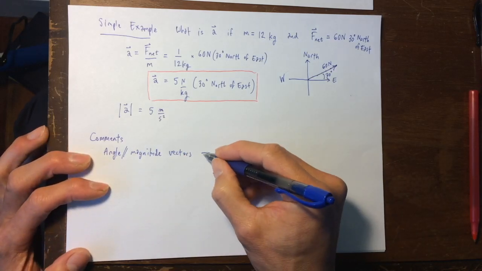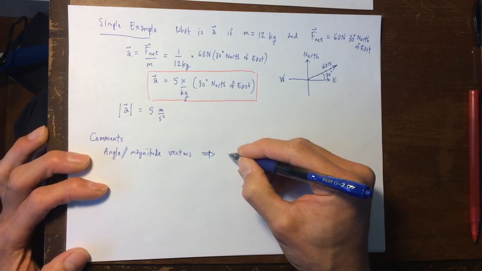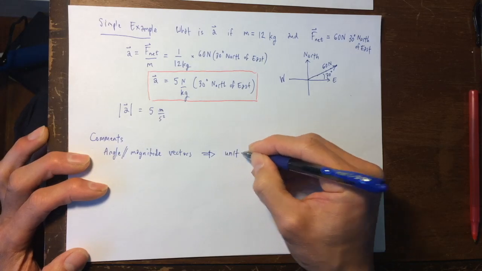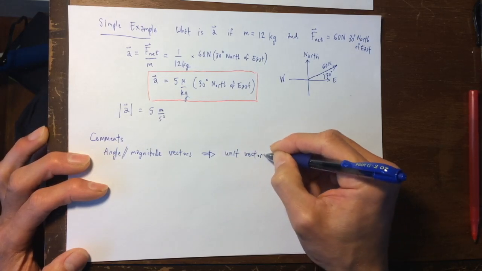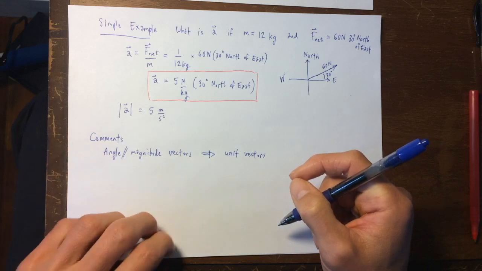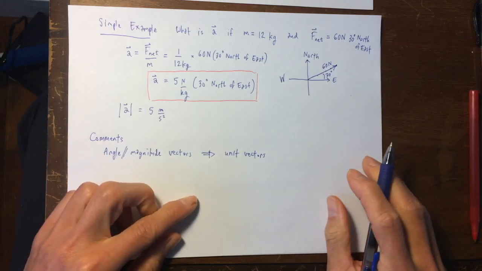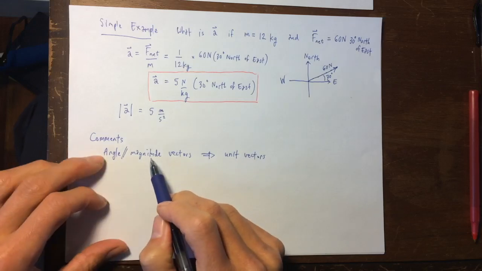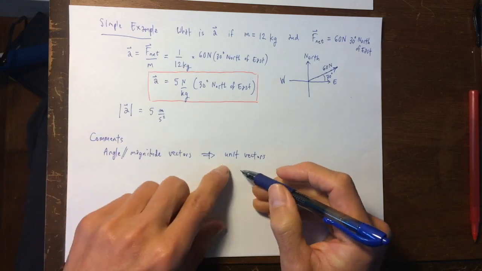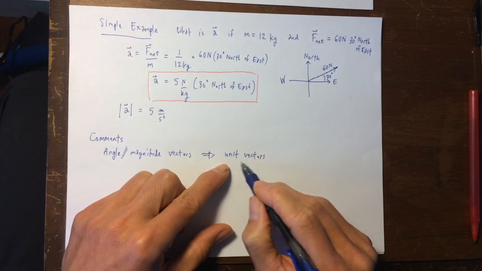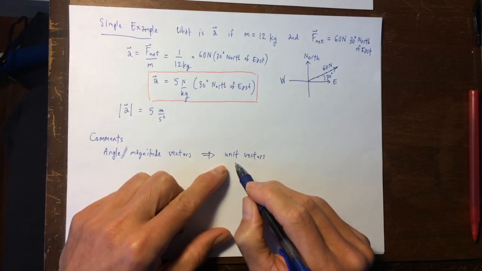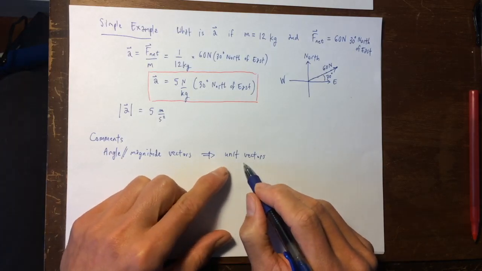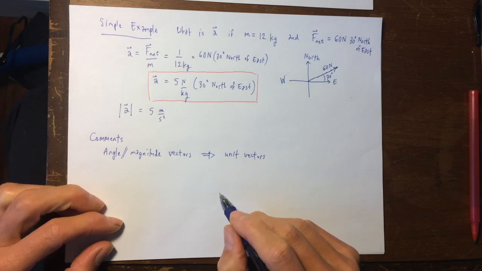You can convert this, of course, to thinking about unit vectors, which is honestly my preferred way of thinking about vectors. In my head, it's easier to do the math. When you do angle-magnitude stuff, you have to do trigonometry. But when you use unit vectors, the truth is you just have to add and subtract the different directions separately. So that's quite simple.